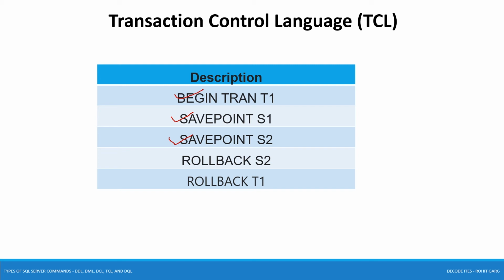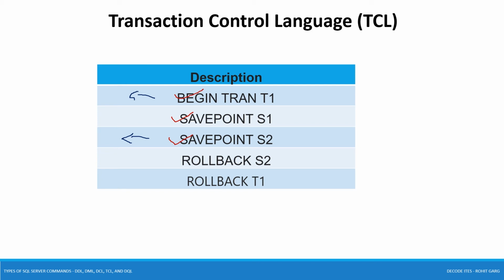Now you identify some issues with the transaction and you want a rollback to happen. The condition is you don't want the rollback to go all the way to T1. You want the rollback to be till S2. Savepoint helps you to achieve the partial rollback.